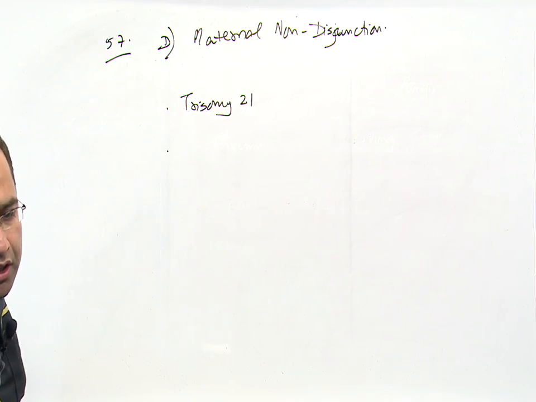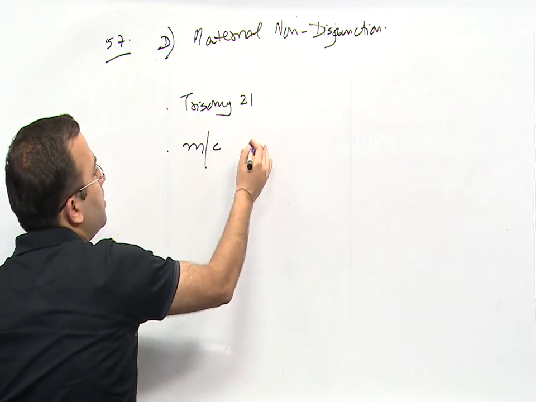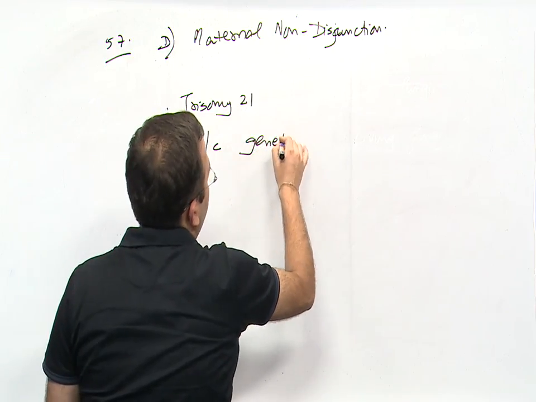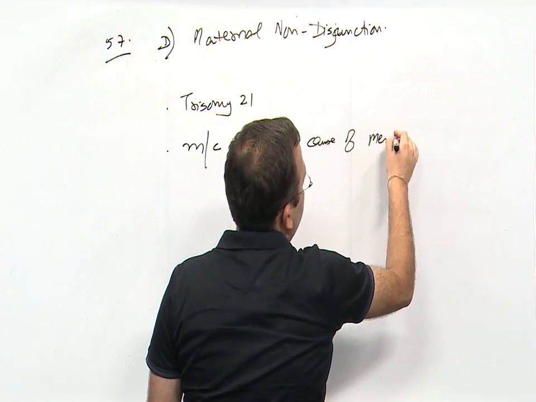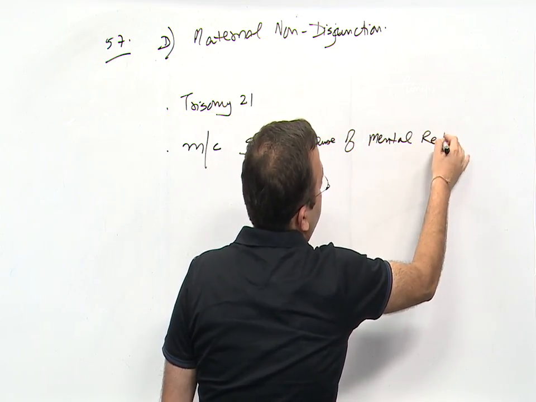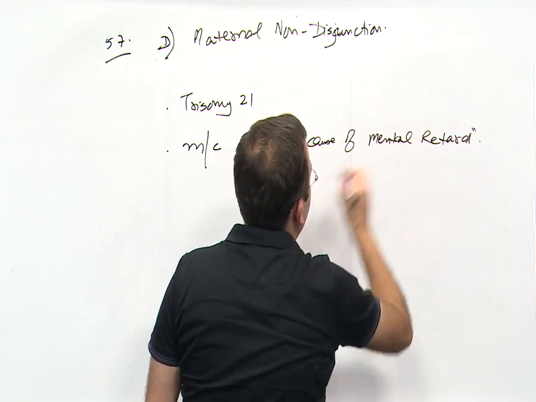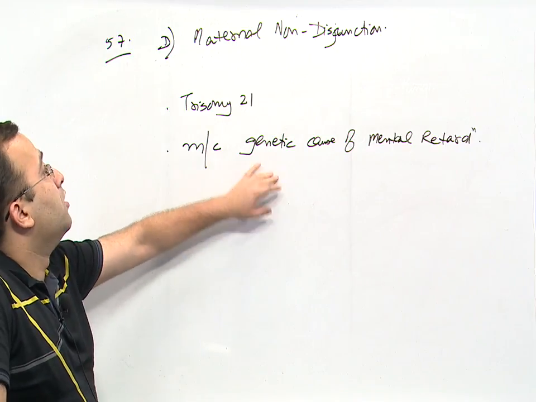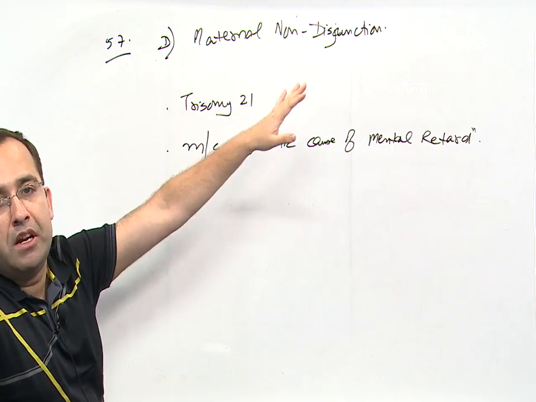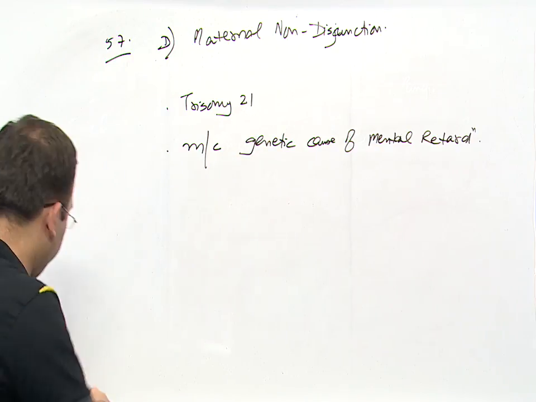You also know another statement with Down's. It is the most common genetic cause of mental retardation.